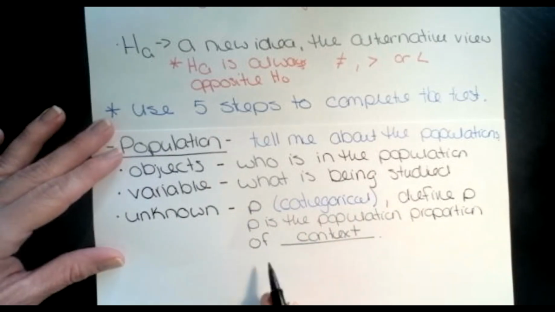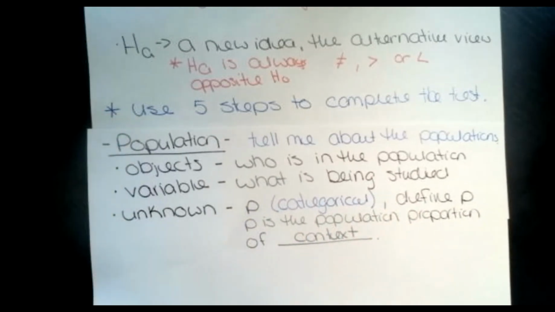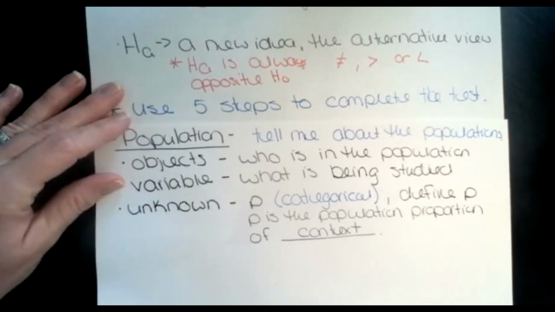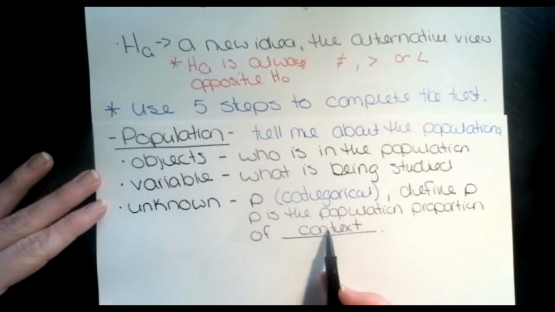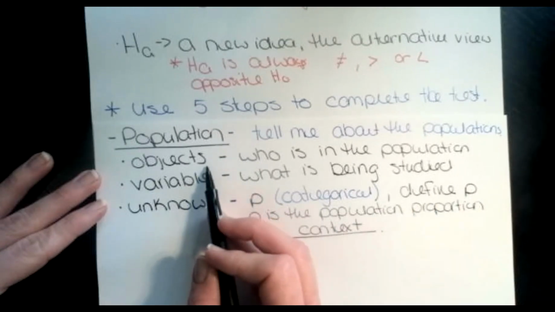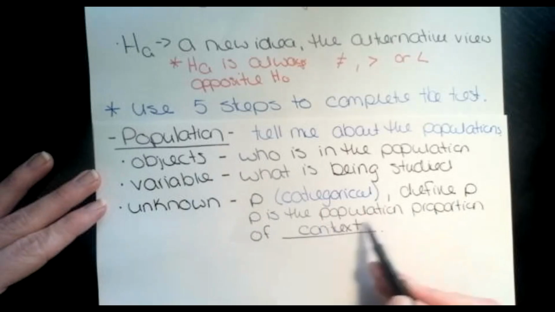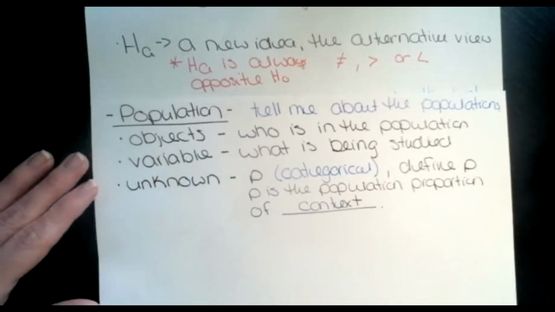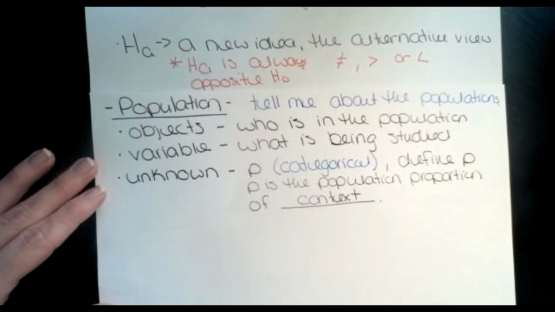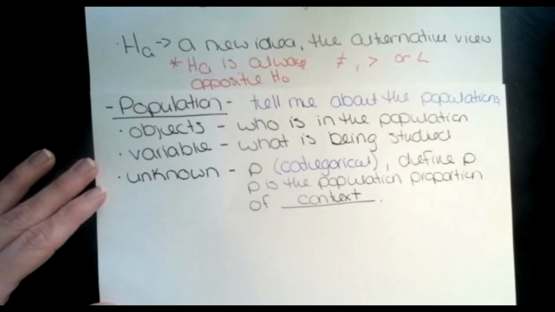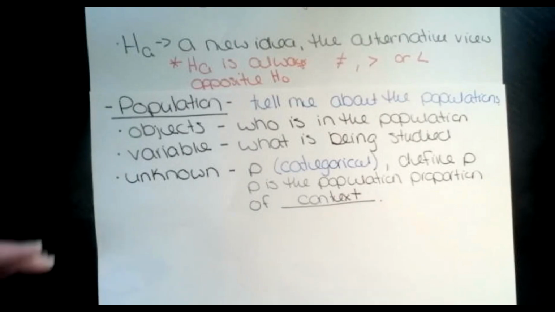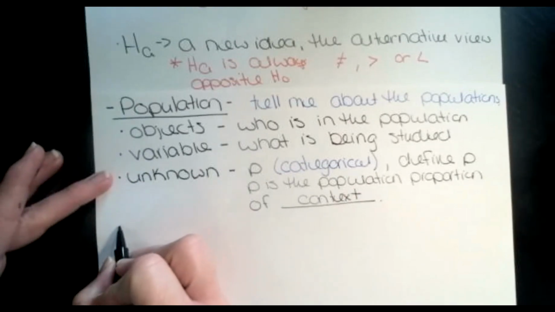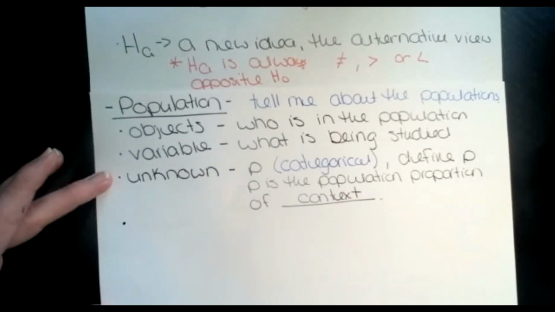That's what I'm looking for when you define it. It's important to define P here, and what you're using is your objects and your variables. So right above, you're using those in the definition here. You'll see in the example when we do it. And then we use this again in the goal. So it's really important for us to have this down here now, because then we just continue with it. All these steps just keep building off one another.